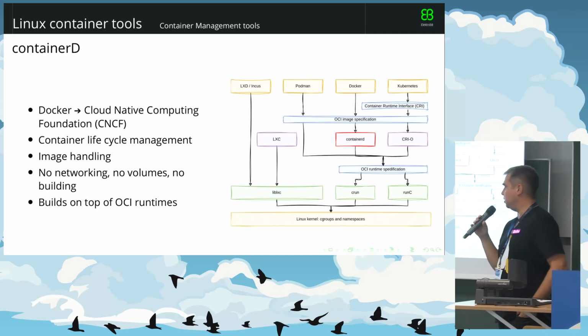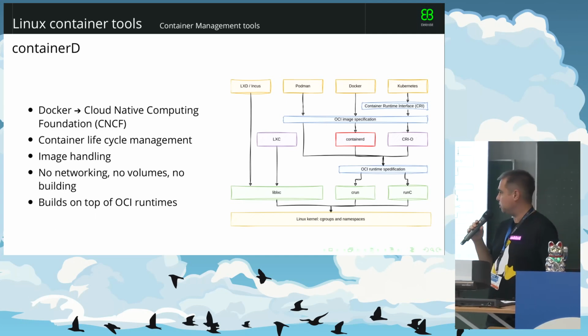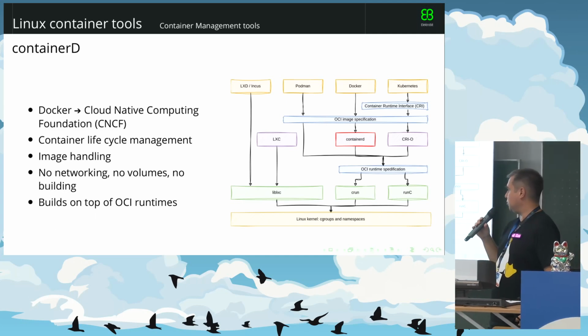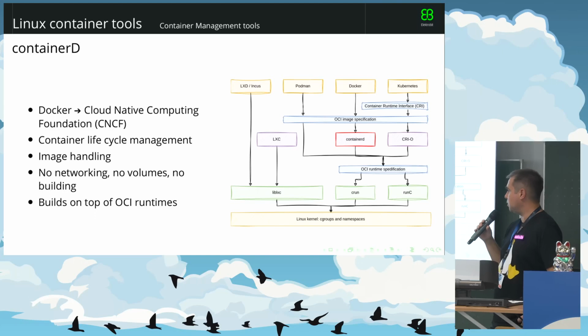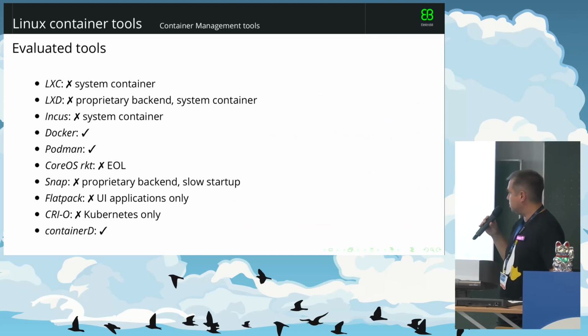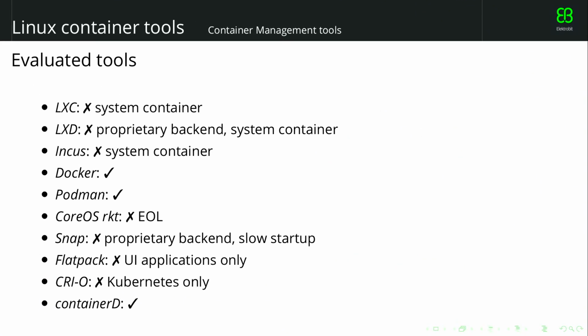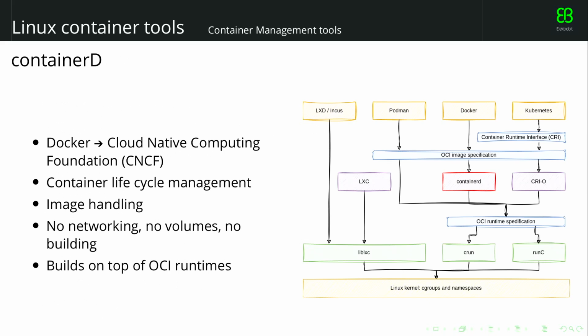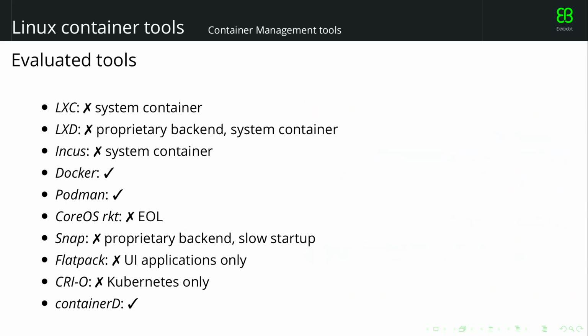And containerd itself also cannot build images, but that's not so important a point, I think. Good. containerd and CRI-O are built on top of these OCI runtimes, which we will talk about next. But let's shortly summarize these container management tools.